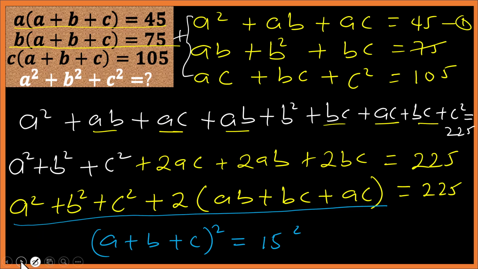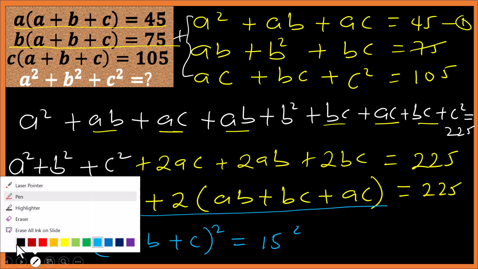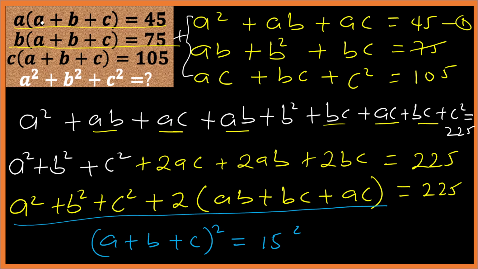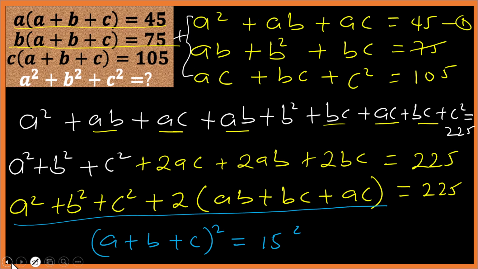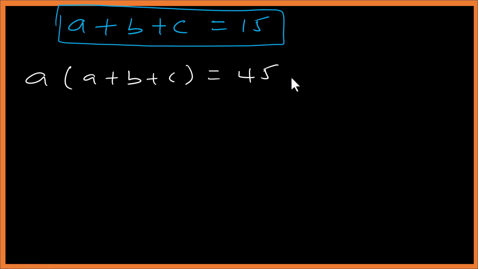From the first equation, we have a times a plus b plus c equals 45. So a is the same as 45 over a plus b plus c.